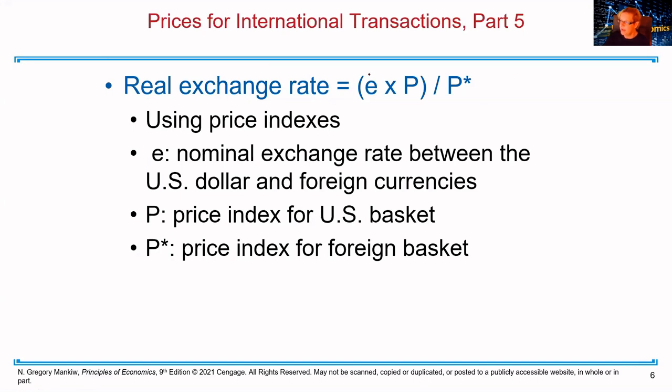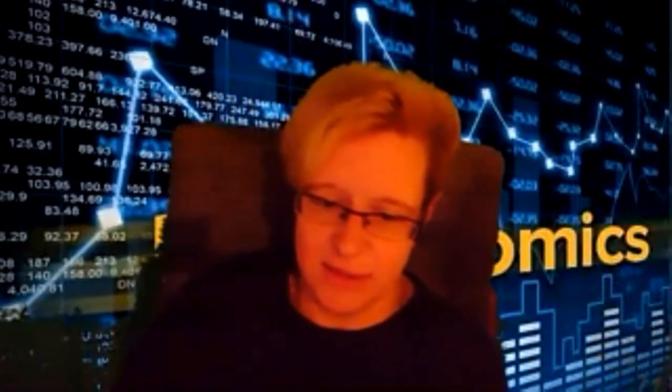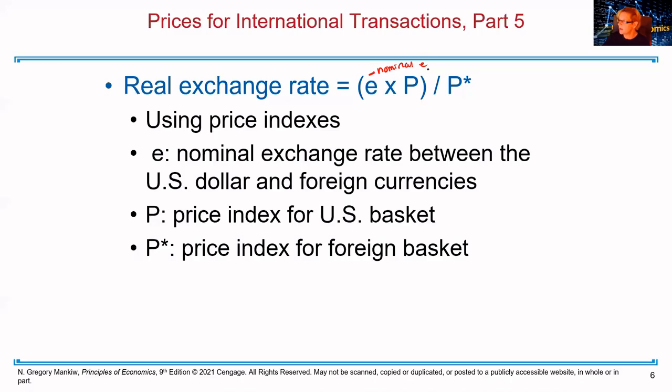So we have the nominal exchange rate, and then we have the price domestically, so the US dollar, because that's where I'm going to stay to keep this clear to you.